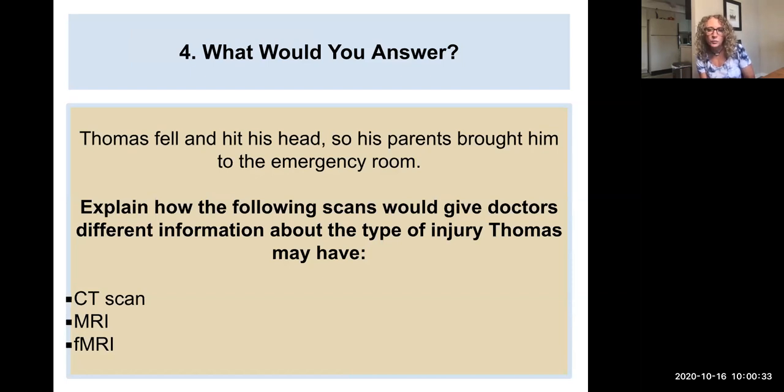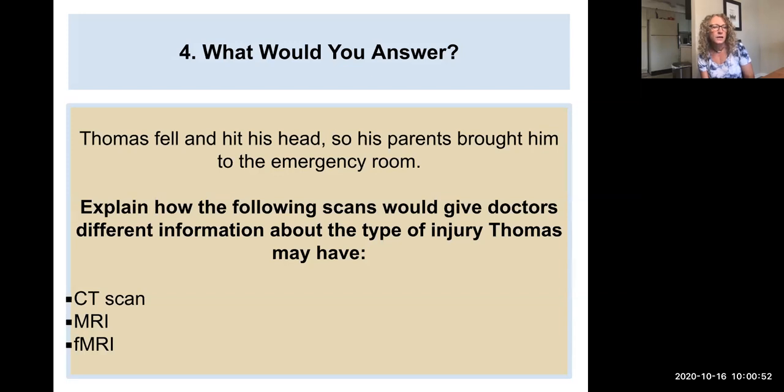All right, so when I'm looking at this real quick, I'm just going to talk out loud as if I was about to approach this free response. I know that the CT scan and the MRI are both going to be more about looking at the brain structure, like the anatomy of the brain, so I could actually see the brain tissue.